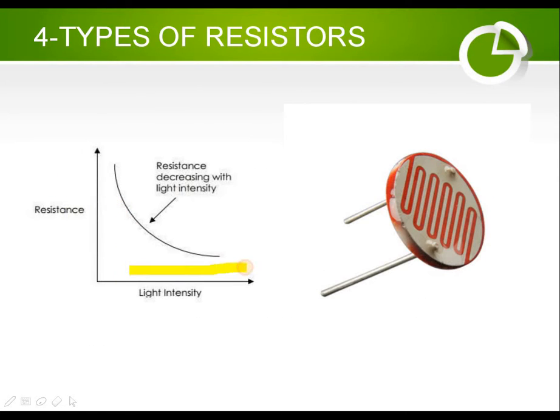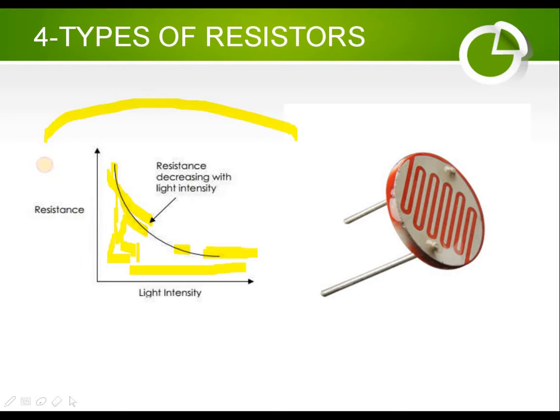When the light increases, its resistance decreases. In the first part of the light you can see the graph gradually decreasing, then it becomes steeper, while if the light intensity keeps increasing, the graph becomes almost linear.